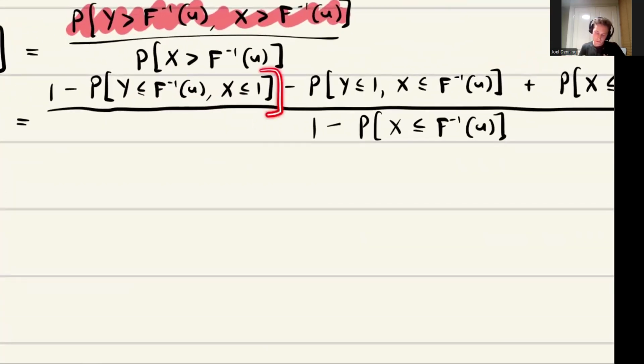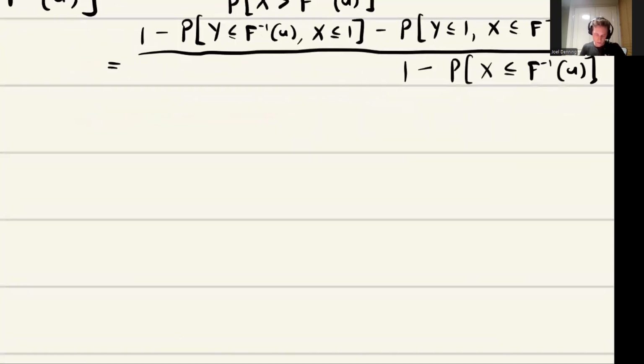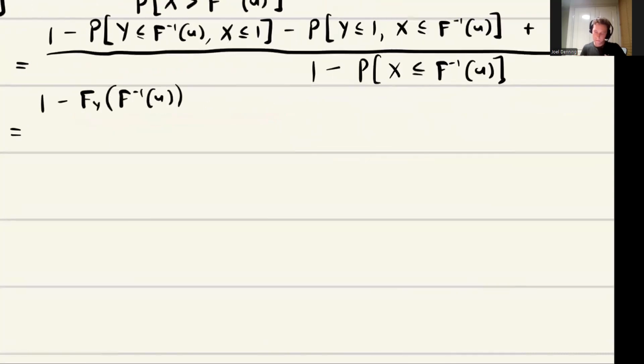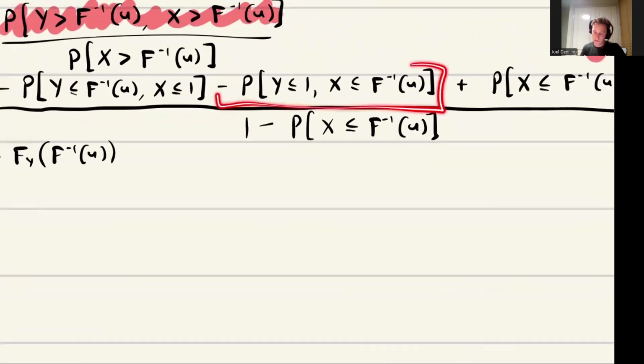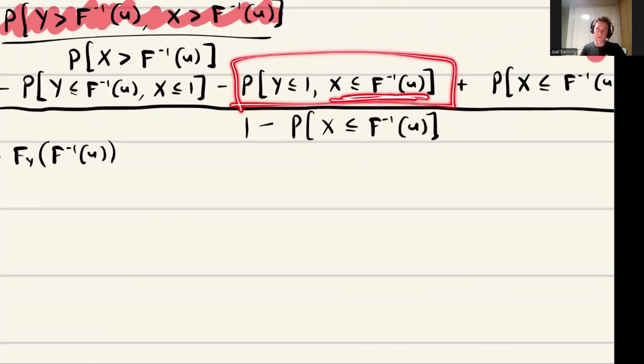All right. Now it's going to start simplifying pretty nicely. So this first term here, since x being less than or equal to 1 is guaranteed, this first term is really just the CDF for y being less than or equal to this value. Right, so that's just going to be 1 minus F of y, f inverse u. And then same thing for this second term. Y is guaranteed to be less than or equal to 1. So really, this second term is just the CDF of x, being less than or equal to that value.